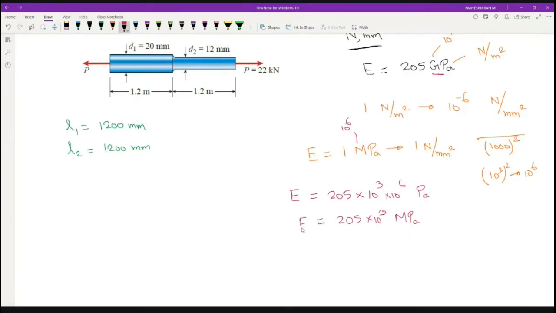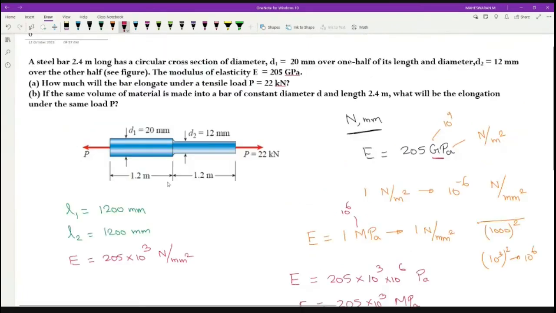As we discussed earlier, 1 megapascal is 1 Newton per mm square. So this is 205 into 10 power 3 Newton per mm square. Now I will write it here. So you know my Young's modulus now: 205 into 10 power 3 Newton per mm square.